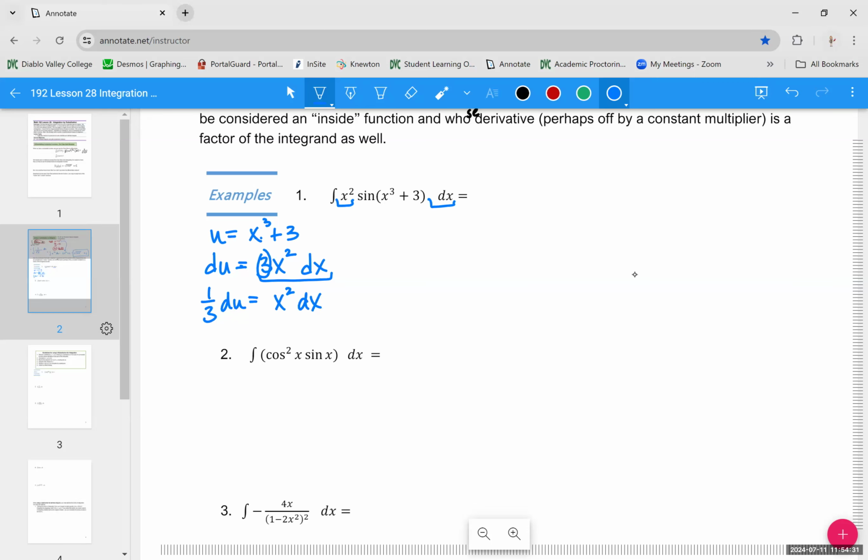And now I can see that if I want to substitute for x squared dx, I need to substitute in 1/3 du. Okay. So when I go to rewrite my integral here, I'm going to put the 1/3 outside because it's a constant. The x squared dx is substituted by 1/3 du, and then I have sine of u.